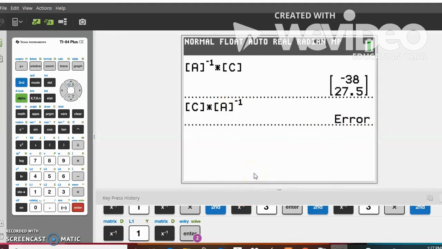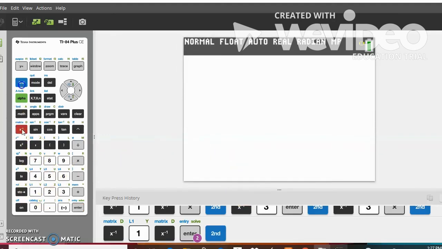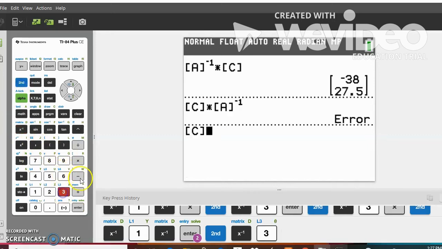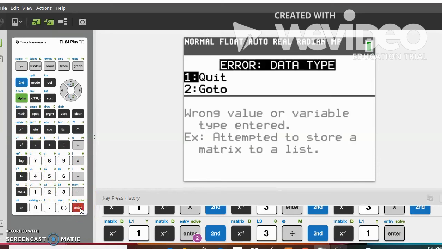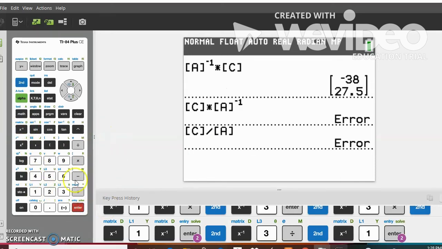And we can also try to use division, and you'll see what happens. If I take C and divide by matrix A, the calculator won't let you do that. That's why we need to use the inverse.